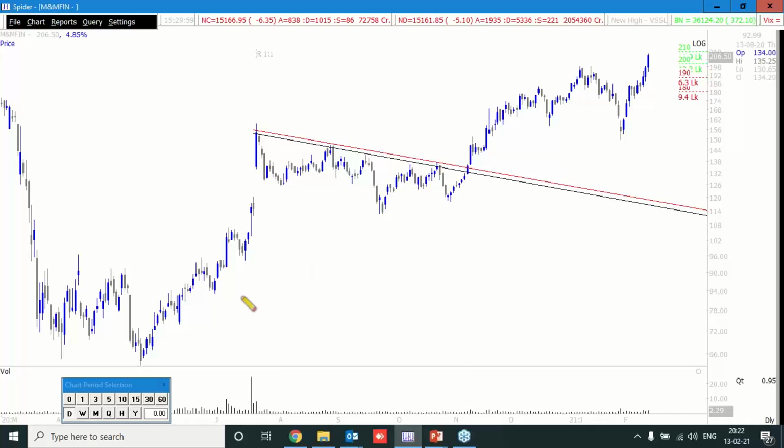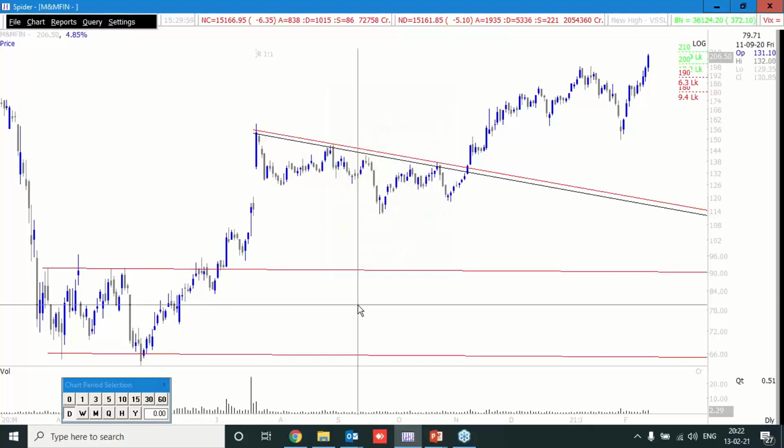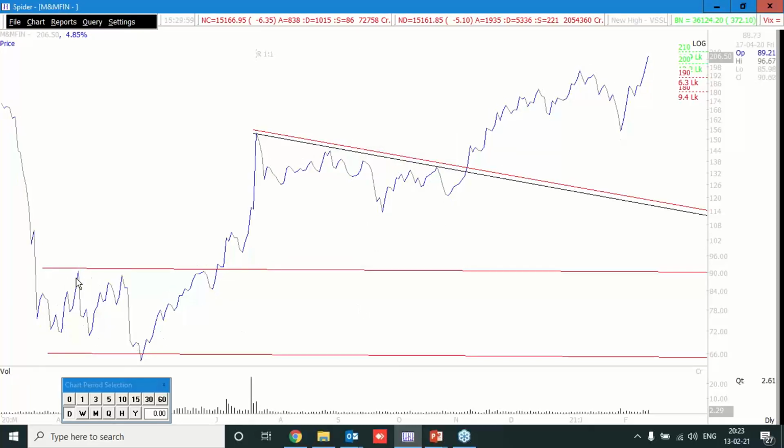And in this particular congestion area, if we are not able to clearly identify a very clear support or resistance, then maybe we can look at the line chart. Broadly, it's not a very clear setup though. But what happened here was that on a line chart there was a base at these levels.